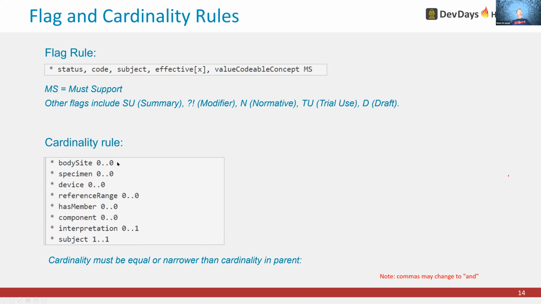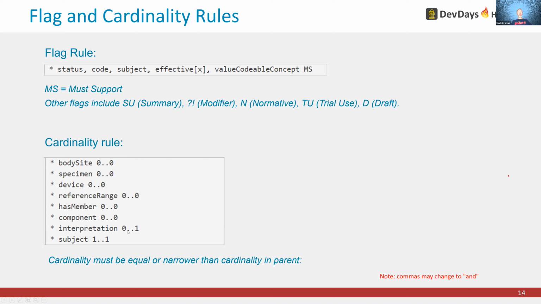Then cardinality rules use the FHIR syntax, or the IG syntax, for upper and lower bounds, which is the lower bound dot dot upper bound. So what we're saying in this example is that body site, specimen, device, reference range, has member and component cannot appear in a profile because they're zeroed out.